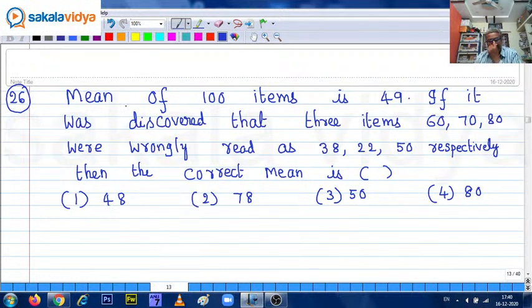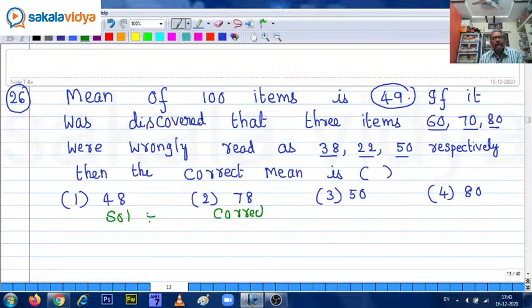While calculating the mean of 100 items, it was found that instead of 60, 70, 80, they were taken as 38, 22, 50 and the calculated mean was 49. That means 49 is the wrong mean. So we need to find out the correct mean. These are wrong items, these are the correct items. First find the correct sum.